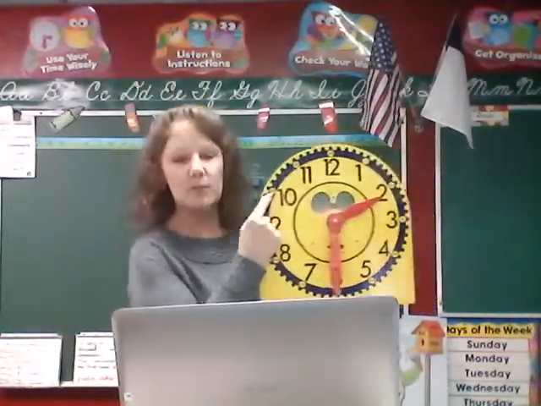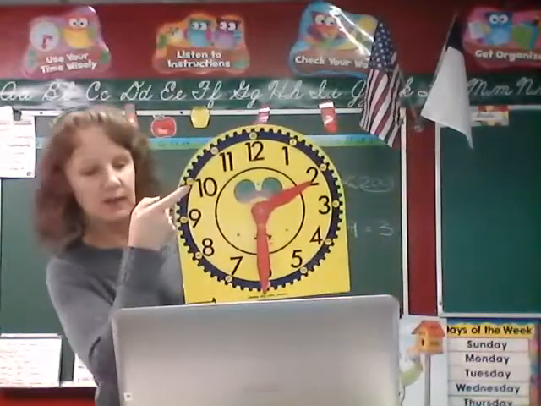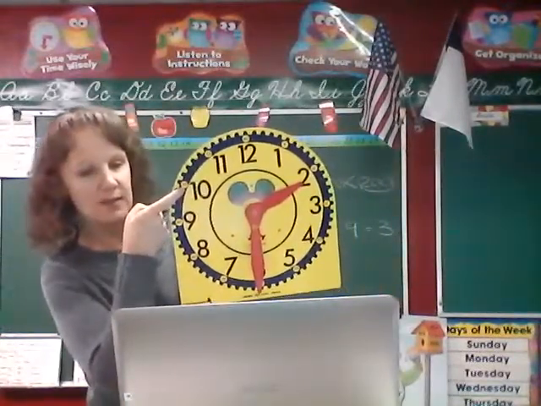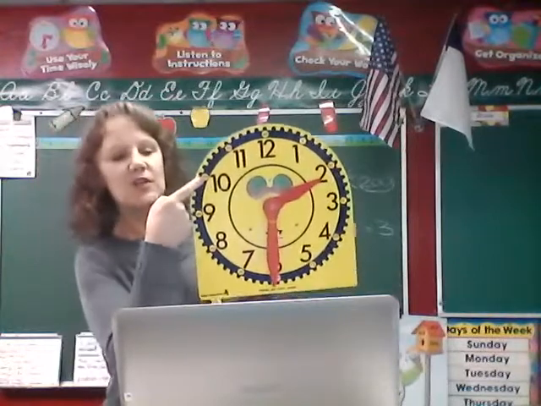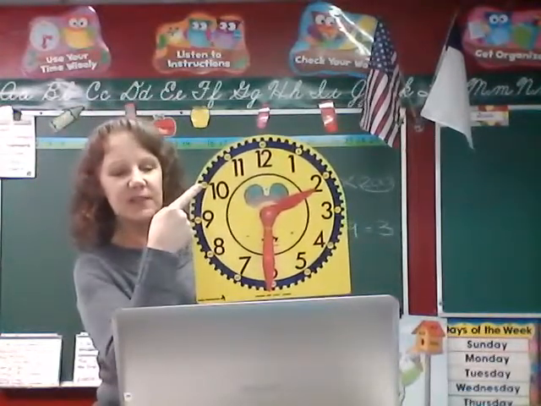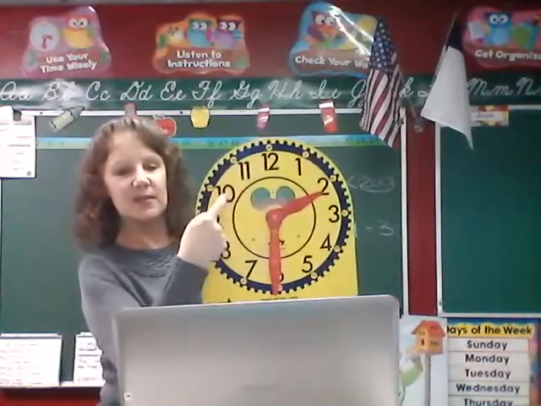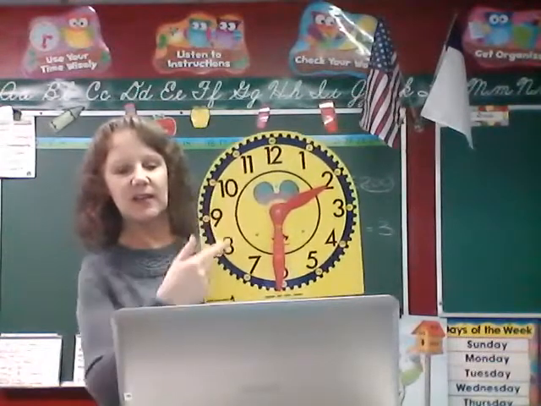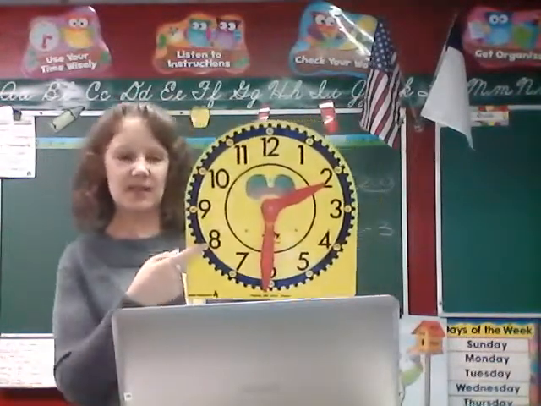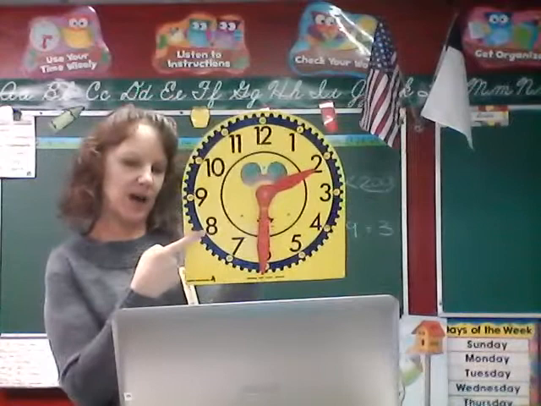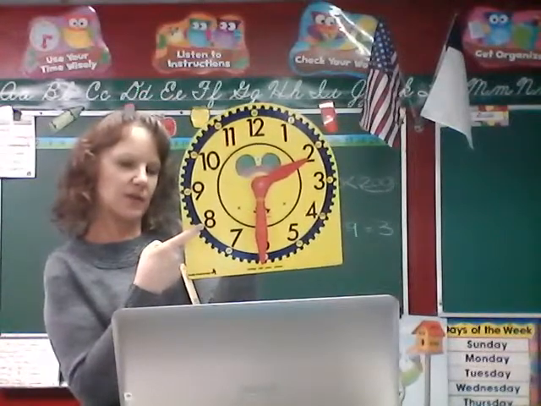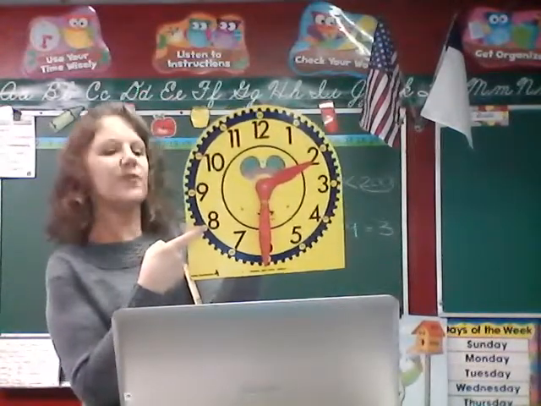Okay, so what number does the 10 represent? How many minutes? 50. So 50 divided by 5 equals 10. How many minutes does the 8 represent on the clock? 40.